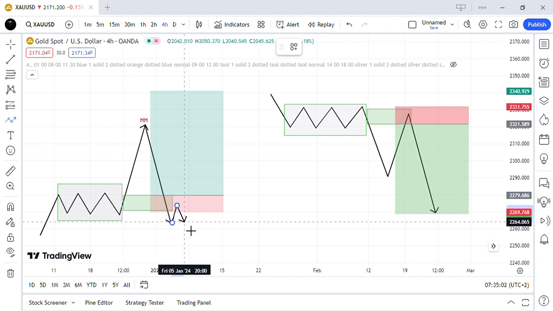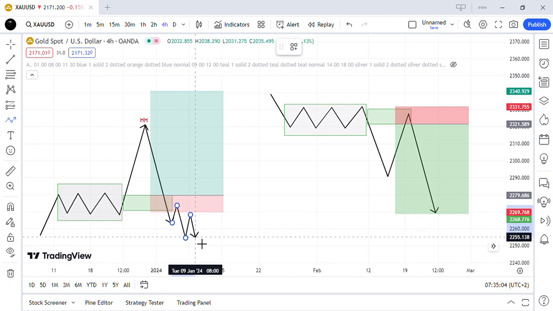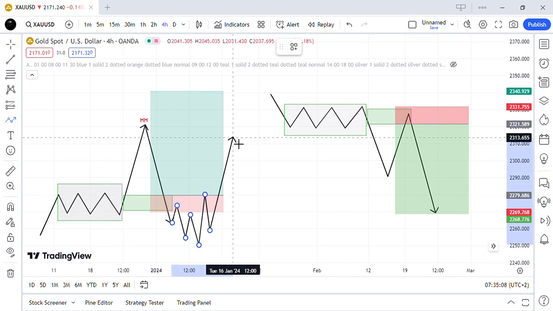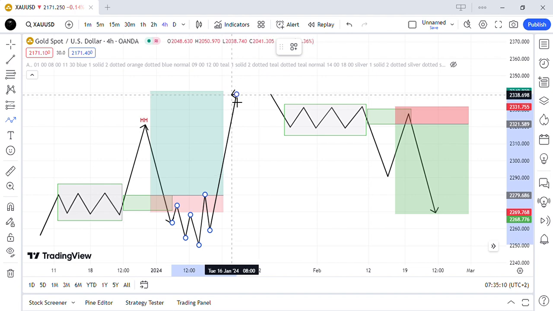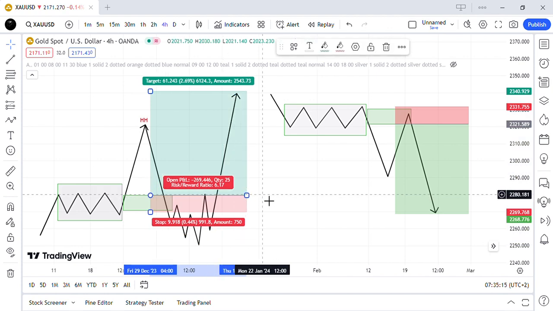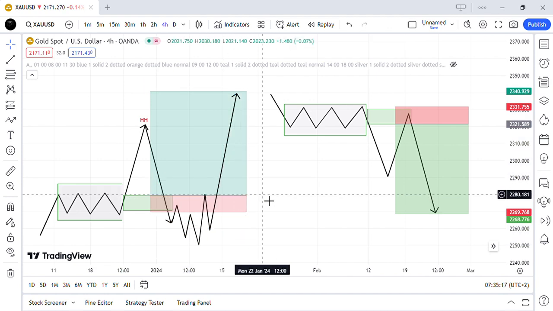It breaks there and comes back. If this happens, don't feel bad. It's not your fault, because this has happened a lot of times. The market took you out. It's fine. Don't revenge trade.